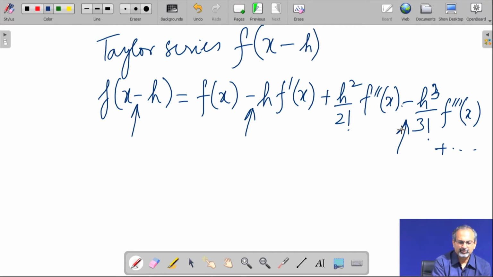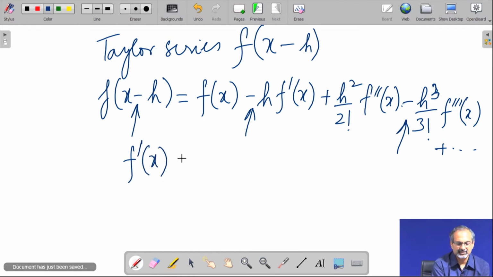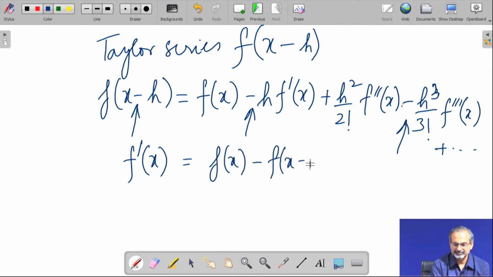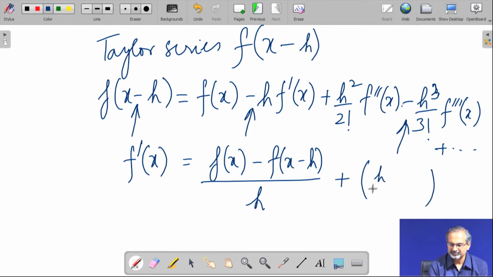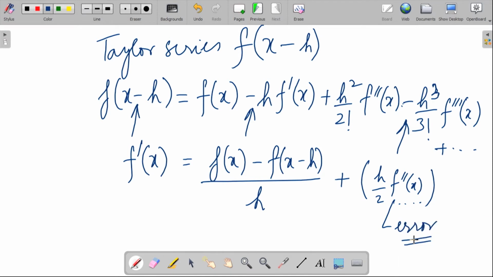So, how do we approximate the derivative f dash x here using this Taylor series expansion? We could do it like this. And then again you will be left with some terms which look like this. So, these are again the terms which will account for the error, because we are not going to explicitly incorporate them in the approximate derivative expression.